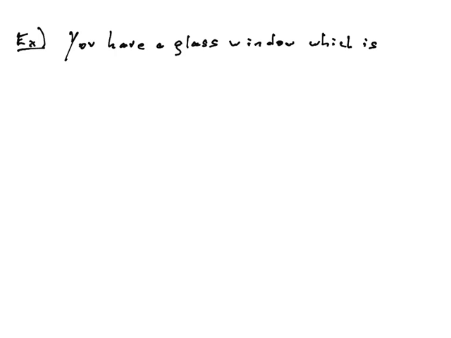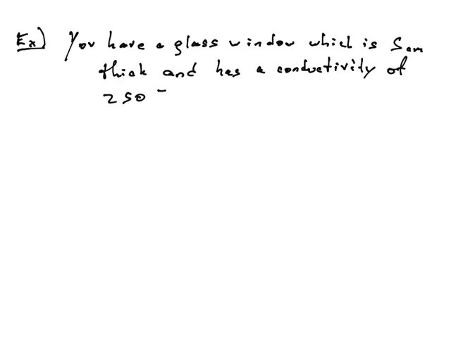So let's try an example. Let's say we have a glass window which is, let's say, 5 centimeters thick and has a conductivity of 250 joules per meter second Kelvin.